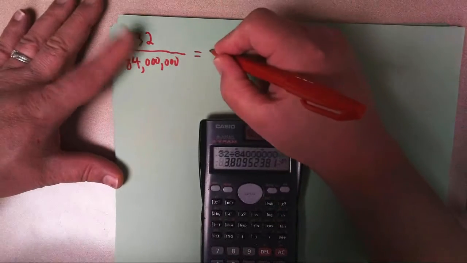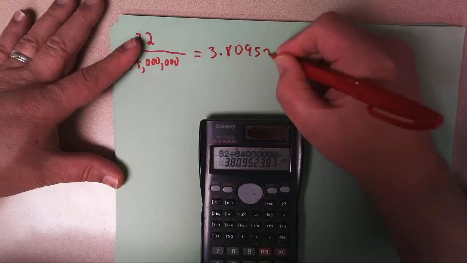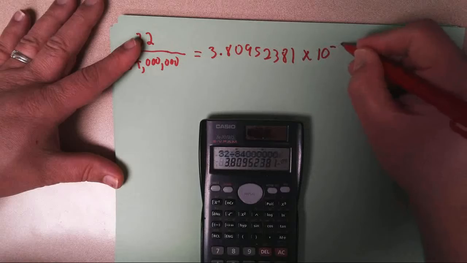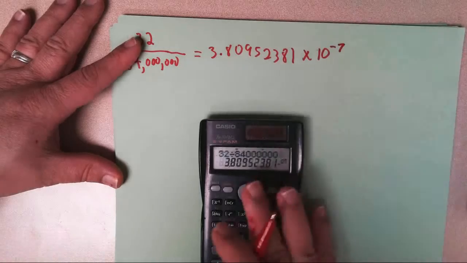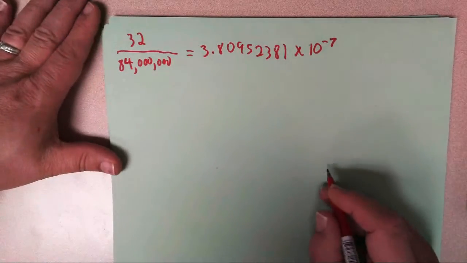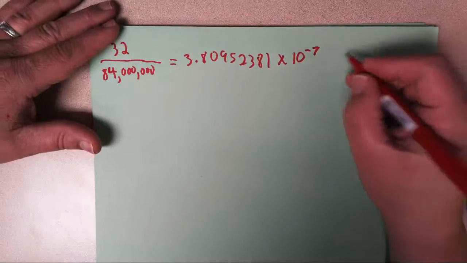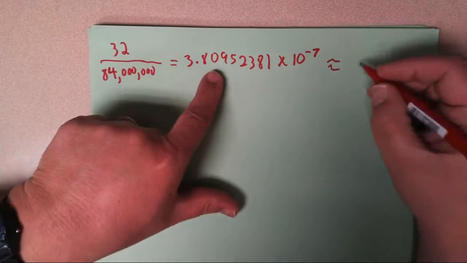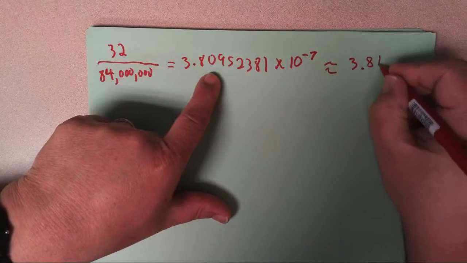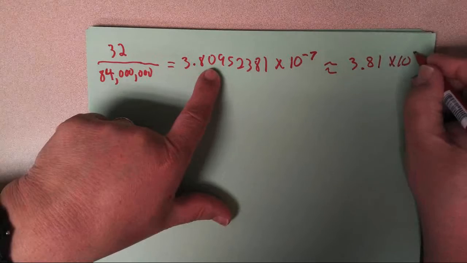So the way you would write this in scientific notation, it would look like this. This is scientific notation. Oftentimes, when you're using scientific notation, like in a textbook or whatever, they'll do like 3.8, and then they'll maybe round the 0 up to 1 times 10 to the negative 7.